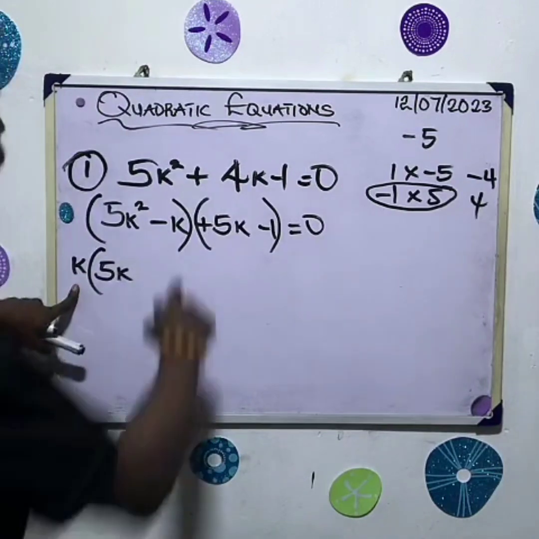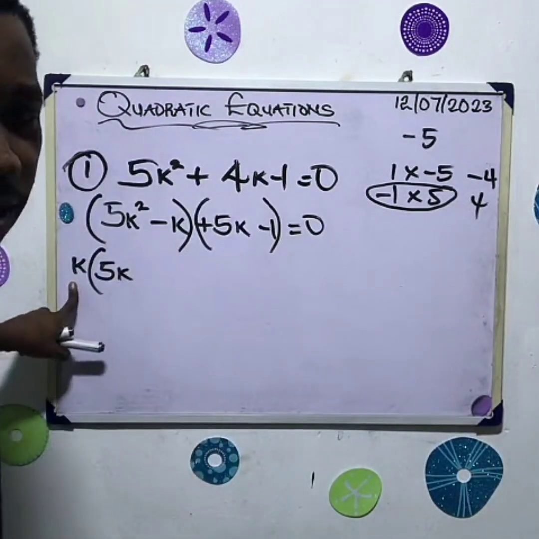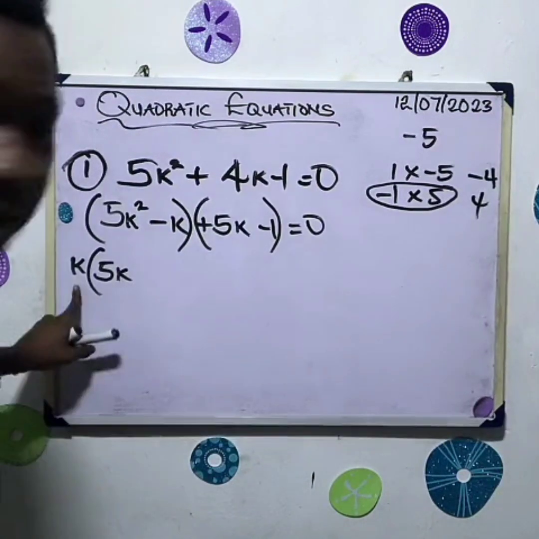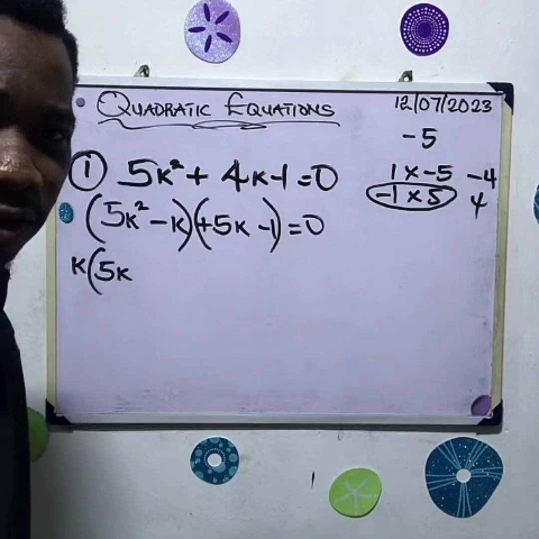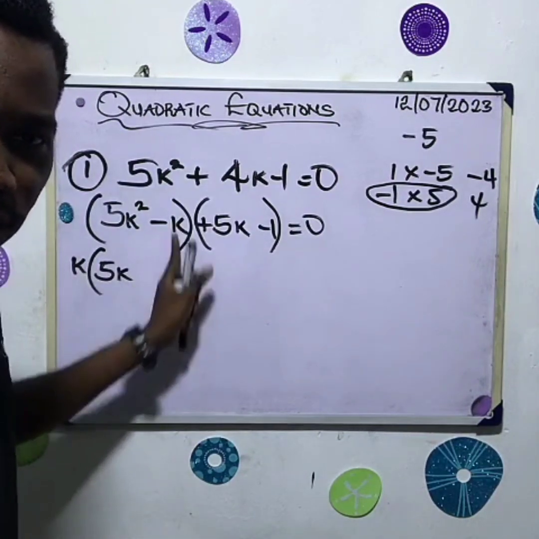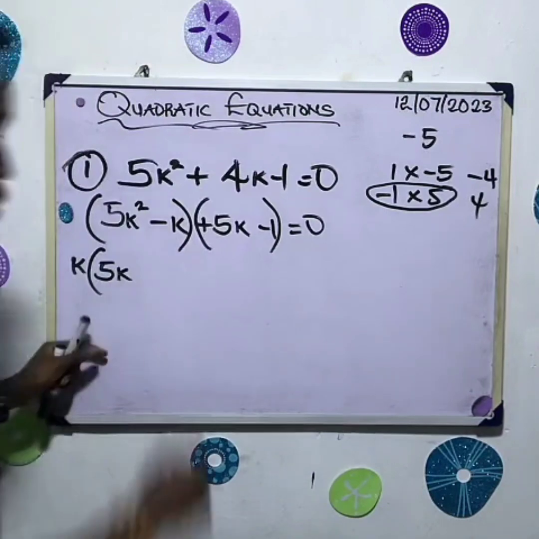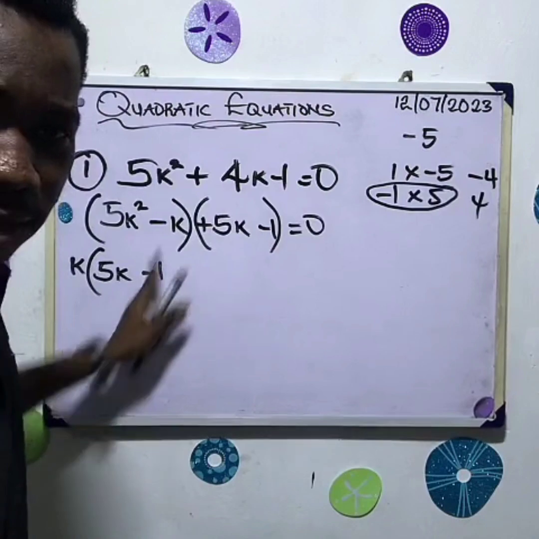Now, k times what will give us minus k? Minus 1, good. So k times minus 1. K times 1 is k, then you minus, right?